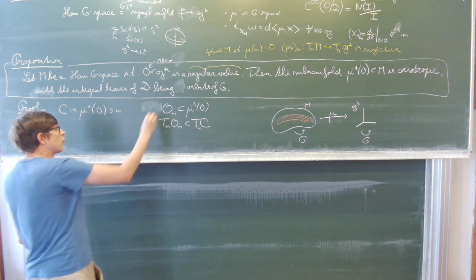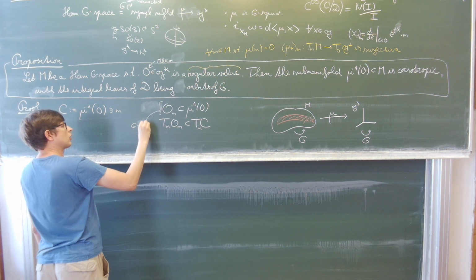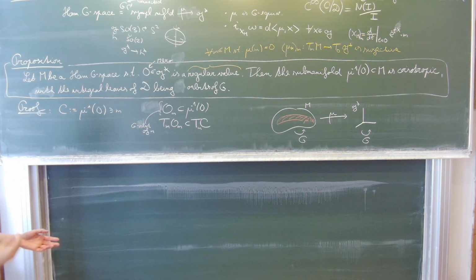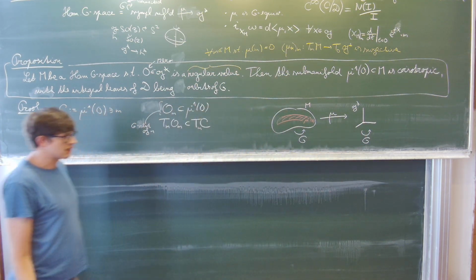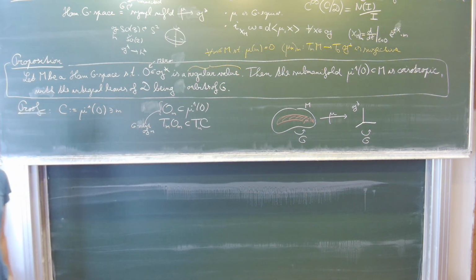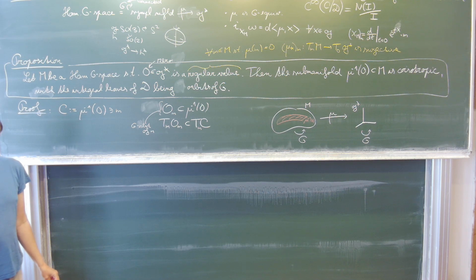O is the G orbit of M, all the points where I can get by acting with G. By this argument, they should still get mapped to the same point. So they are inside that set, and hence the tangent space is also inside the tangent space to this submanifold.